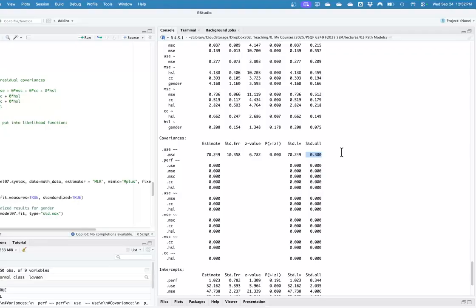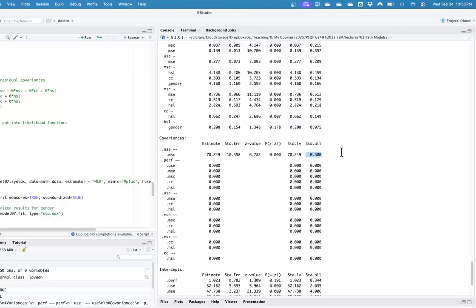Yes? I want to ask, is there a threshold about how many indexes we are looking at when we consider this step? In the previous model, we could only identify one. Is there a threshold for how many indexes are close before we can consider it? Oh, you mean the modification indices?